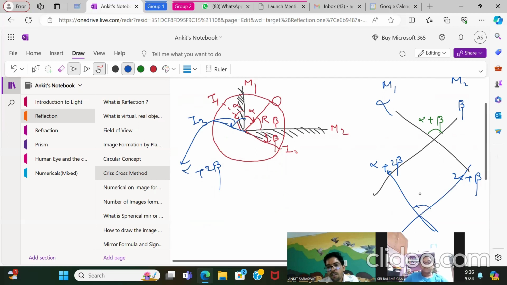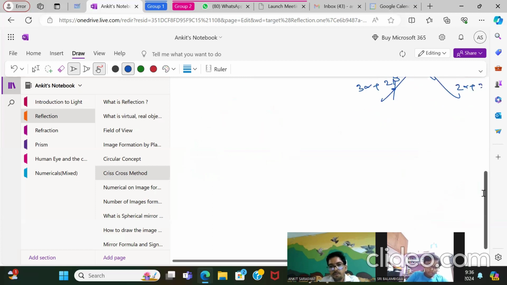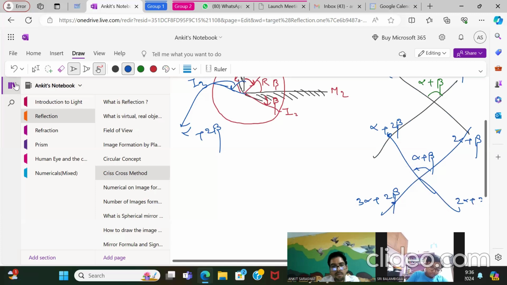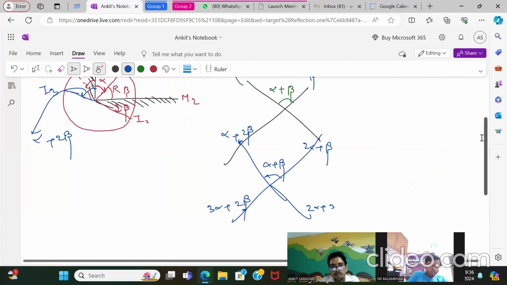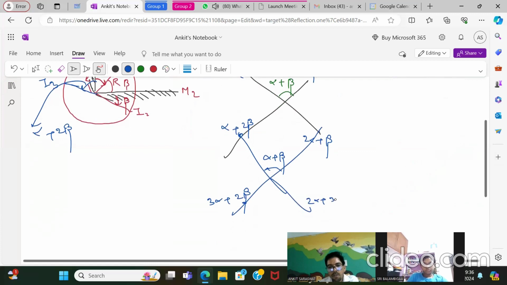The angle between the mirrors is alpha plus beta. Then the image at M1 will be 3 alpha plus 2 beta. On M2, add these two: alpha plus 2 beta, alpha plus beta, giving 2 alpha plus 3 beta.